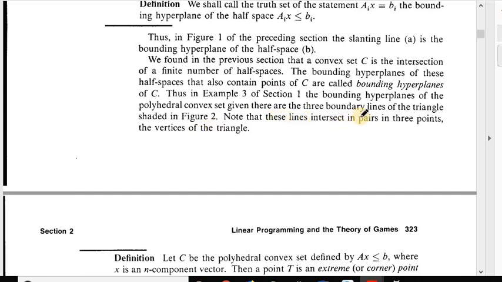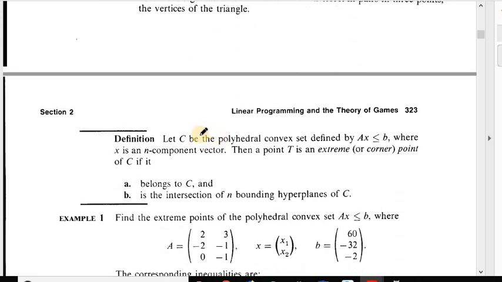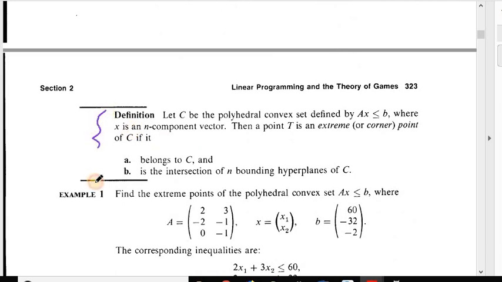Note these 3 lines intersect in pairs in 3 points, the vertices of the triangle. All right, so this is kind of a preview of what we're going to be talking about, extreme points. These extreme points are going to be intersections of bounding hyperplanes that define your convex set. So here's the definition.